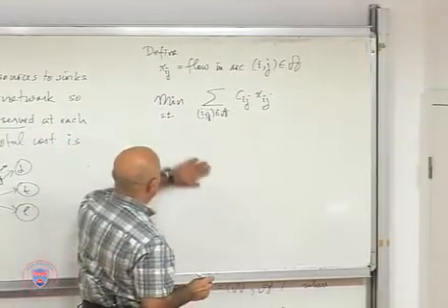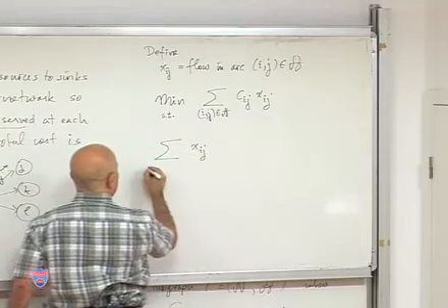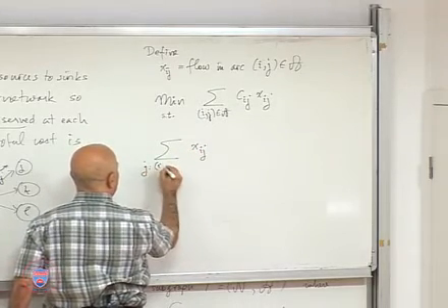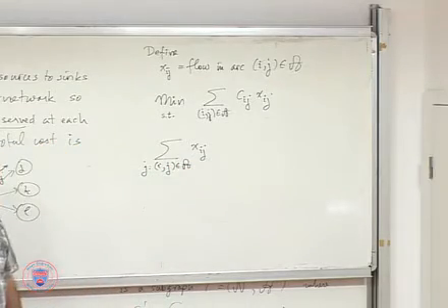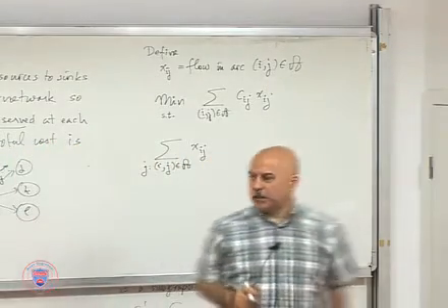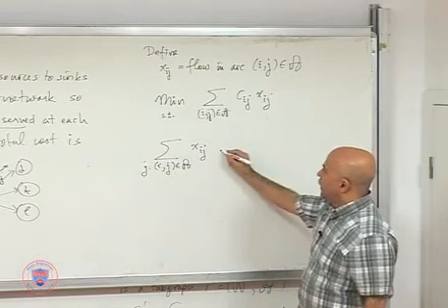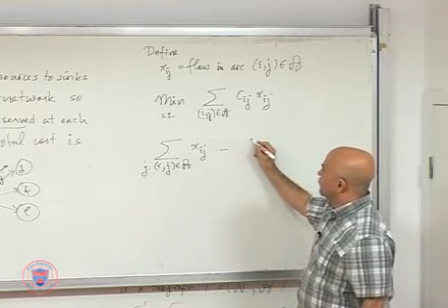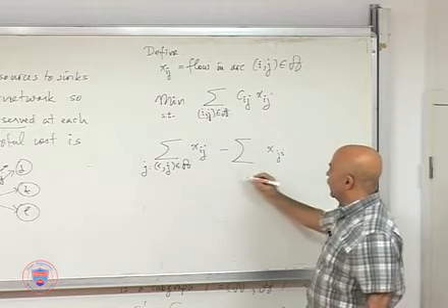This is kind of too small. Let me just write it a little bit larger for the camera. This is for fixed i. You sum over all j such that there's an arc from i to j, minus the total inflow at node i.